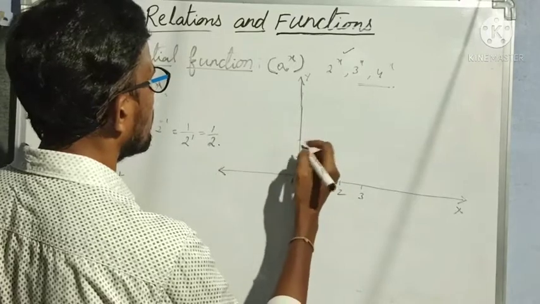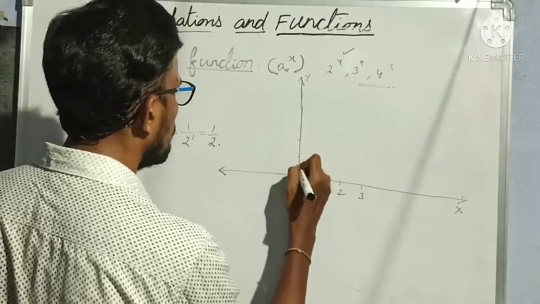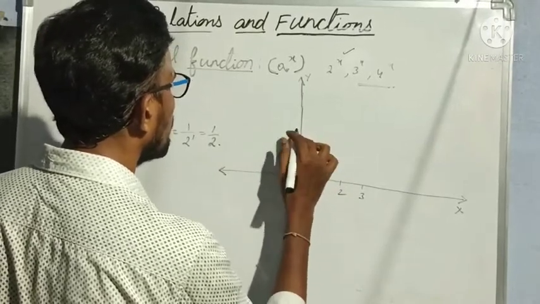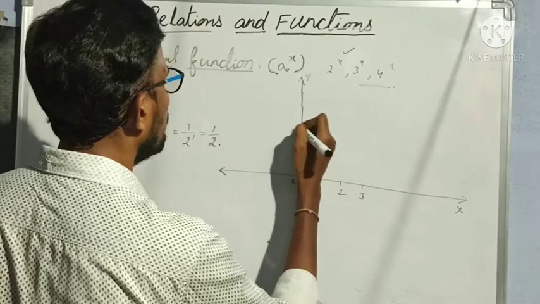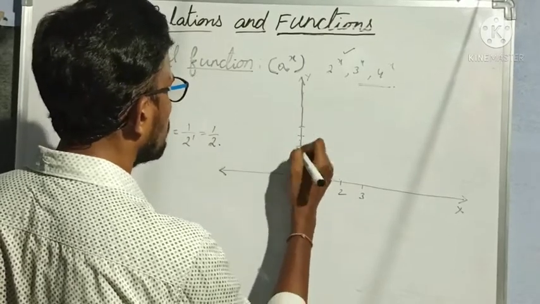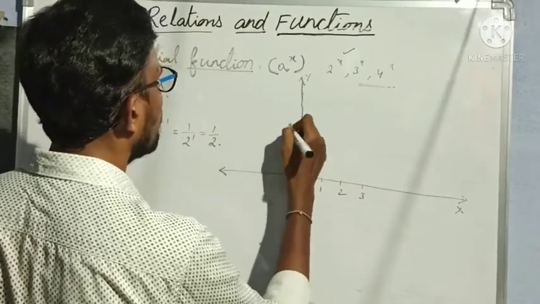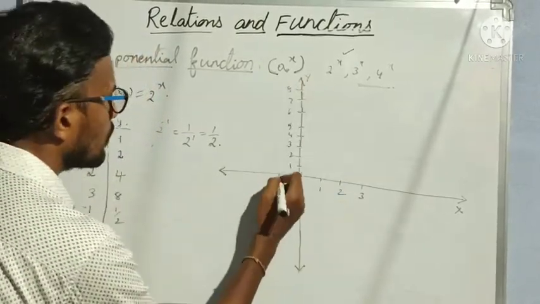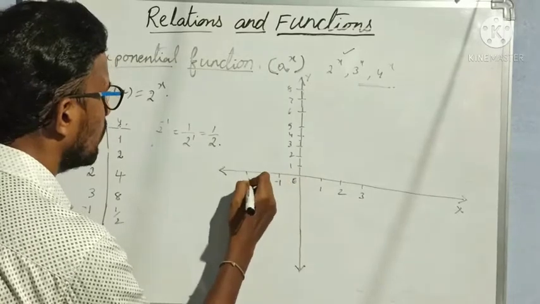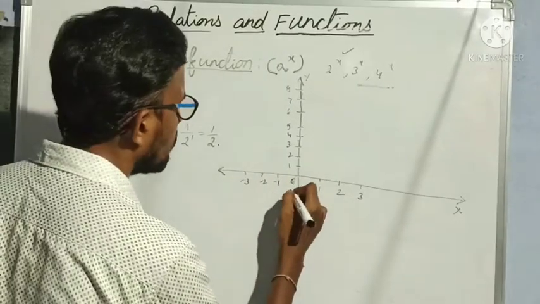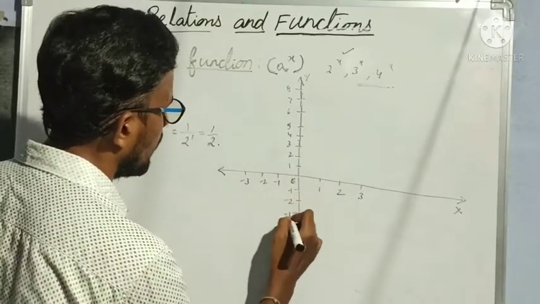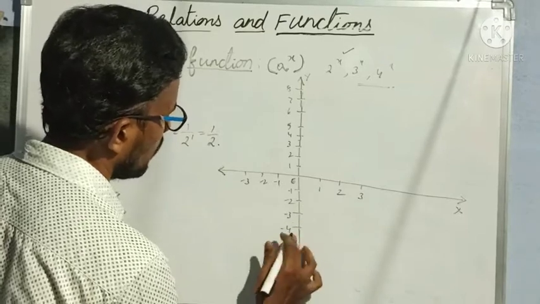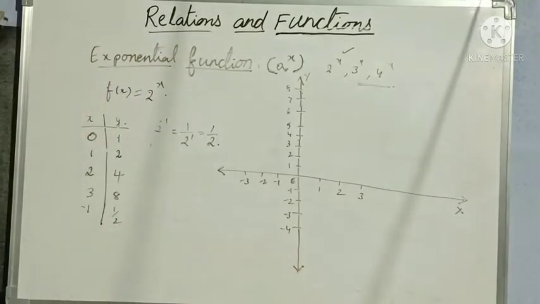Why? Because this is not sufficient for me here. So 1, 2, 3, 4. 1, 2, 3, 4, 5, 6, 7, 8. Here also minus 1, minus 2, minus 3. Okay, this is enough. And downside also minus 1, minus 2, minus 3, minus 4 and so on. Okay, next.